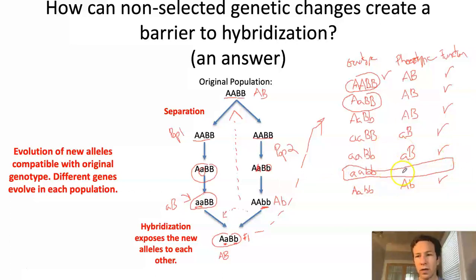So now let's focus on this phenotype. Little a, little b. If there's an incompatibility between the allele little a and the allele little b, now that's going to be expressed because we have phenotype little a, little b. And let's imagine that those two create inviable zygotes. This then is a non-functional allele.